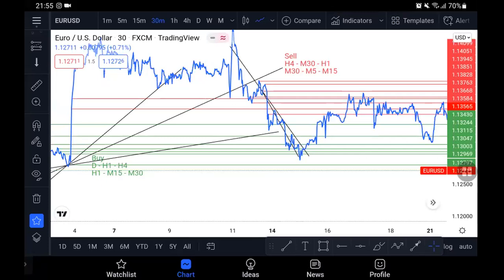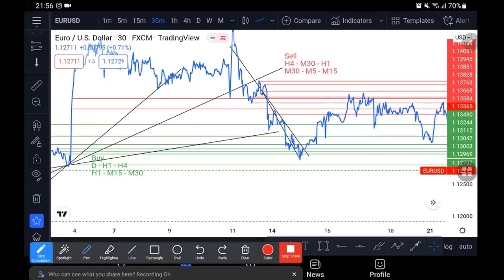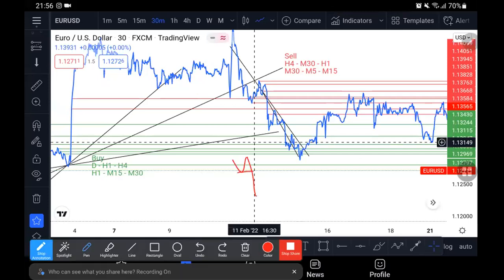If you simply put the divergence trend line everywhere, anywhere you like, it doesn't work like that. Let's say you have a breakout over here. So this is your logical place to put entry.